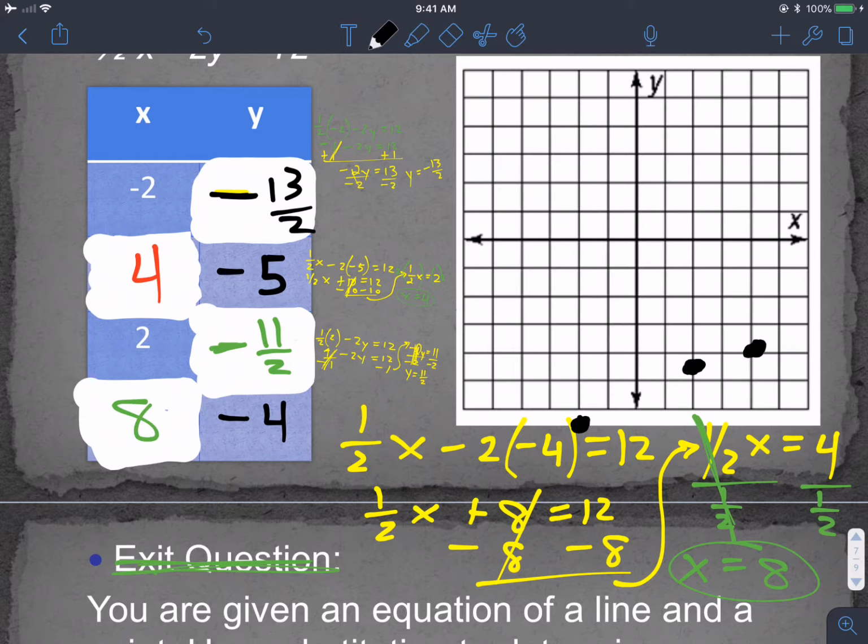And then 8, negative 4 is off the graph. I picked a bad example, but that's kind of your line right there. It's the whole thing. Any questions on that?